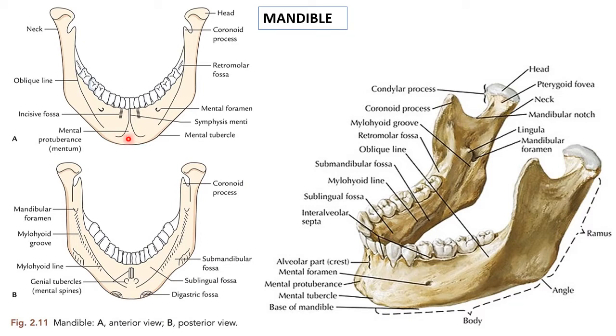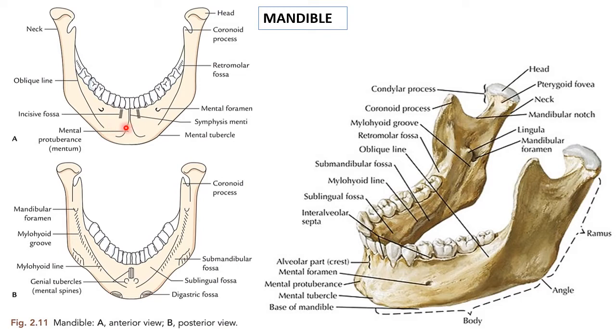This is the base of the triangle, and the base of the triangle is limited on either side by a tubercle called mental tubercle. One mental tubercle on this side and the other mental tubercle on this side.